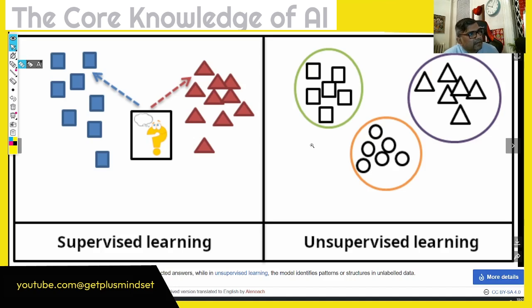In supervised learning, the training data is already marked up with labels: this is a square, this is a triangle. In unsupervised learning, the data is not labeled, so the algorithm decides which items have similar attributes and separates similar kinds of items together.